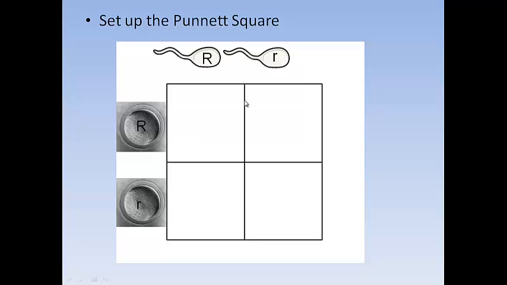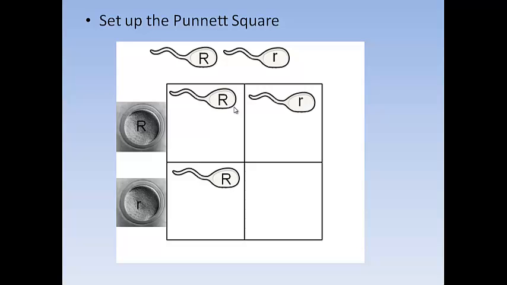Now we're going to fill in by moving the sperm down and filling in the column. So we can put one sperm there with a dominant version of the gene, another sperm there with a dominant version of the gene. We can put a sperm there with a recessive version of the gene, and another sperm there with a recessive version of the gene.